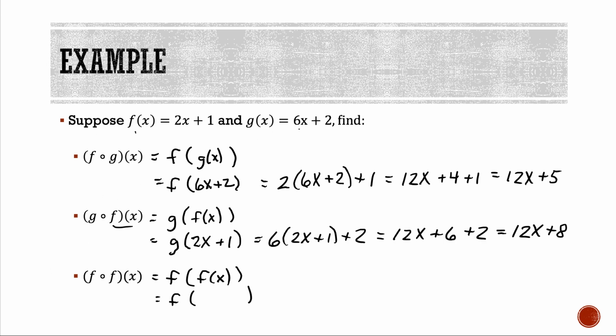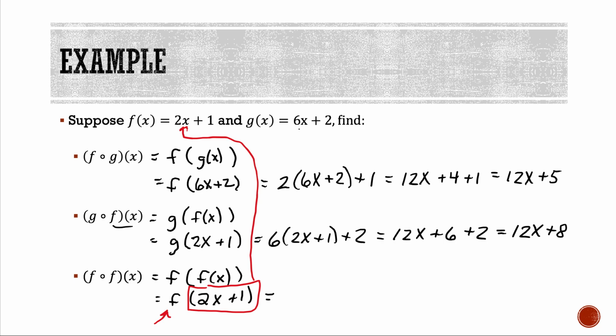So f of x is the same thing as 2x plus 1. All right, we're now ready to evaluate function f at 2x plus 1. So we go to function f, and wherever there's an x, we're going to plug it in.